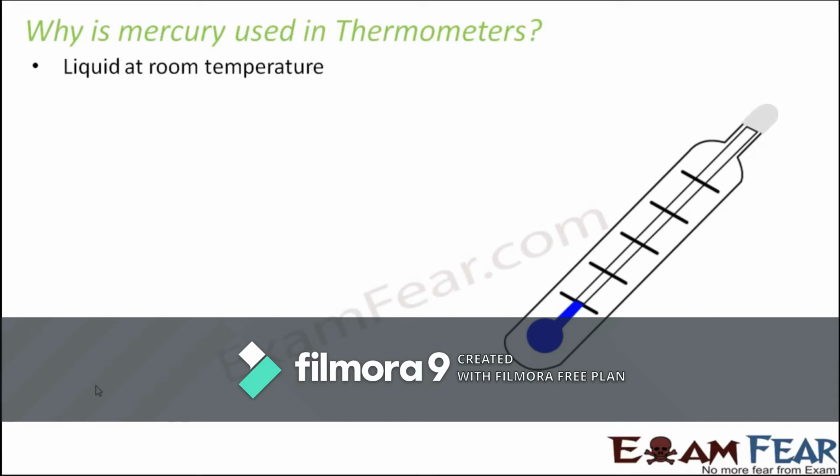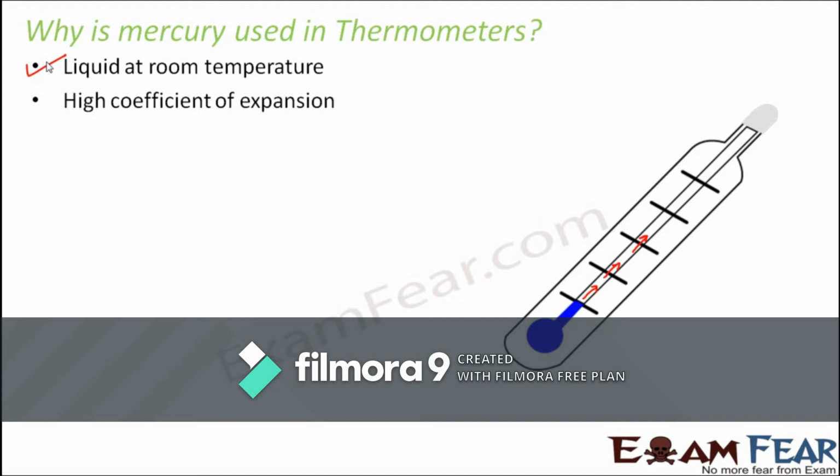Firstly, it is liquid at room temperature, and we want a liquid so that it can actually move through the tube. Had it been a solid, it would not have that much mobility. But since it is a fluid, it can flow from one place to another. So since it is a liquid, that is a good thing.